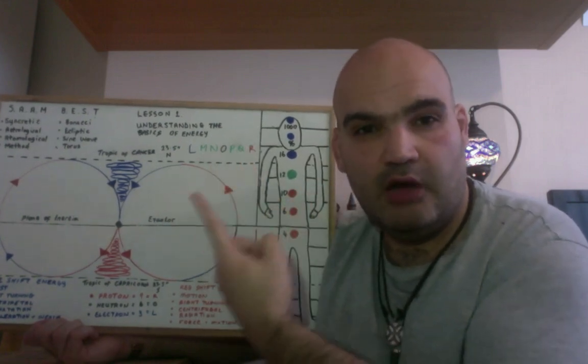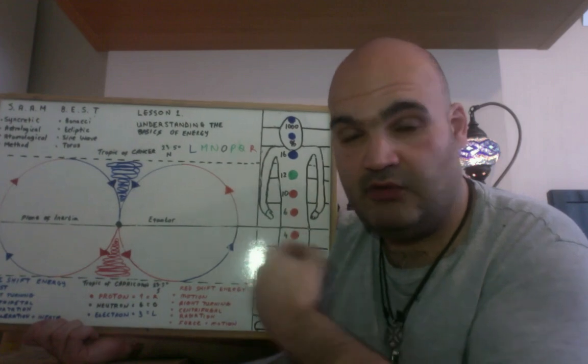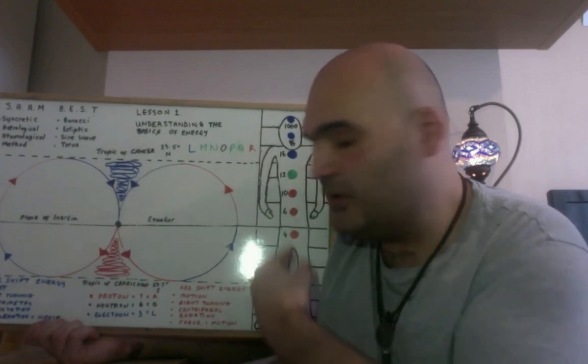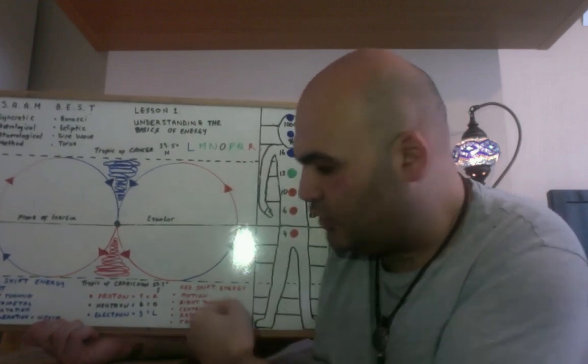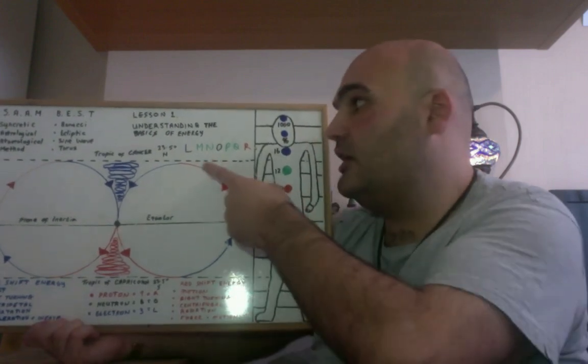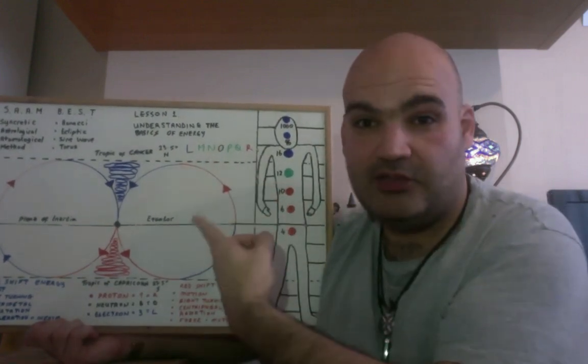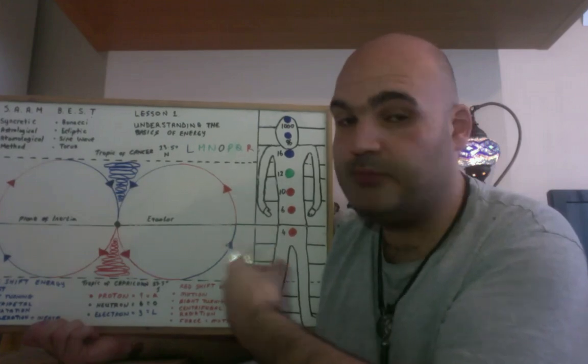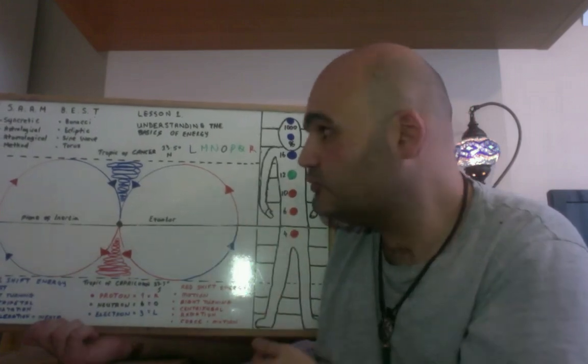E and O are interchangeable, and D and T are interchangeable, so red could be rot, or the root, or rotation. And when you look at L, it's left, like I mentioned before, it's left turning light, and it's blue.